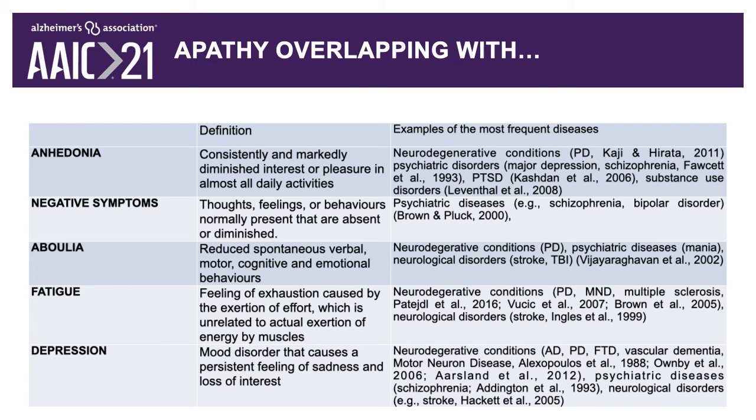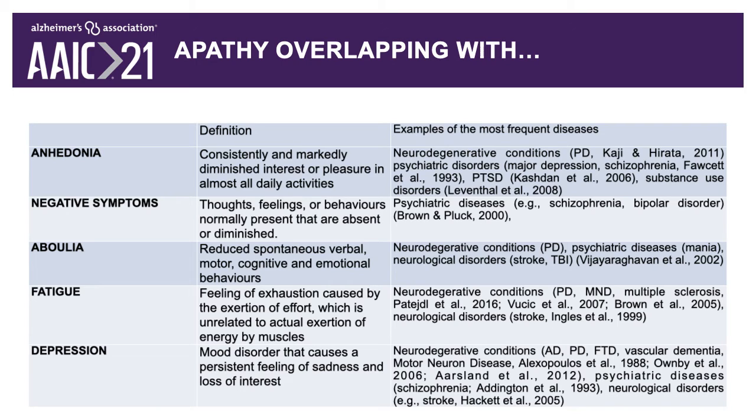Other clinical manifestations are close to apathy, which has led to overlap in particular with anhedonia, and a recent article by Masoud Hussein tried to distinguish the two concepts, but also with negative symptoms, which is mostly used in schizophrenic disorder, with abulia, fatigue, or with depression.